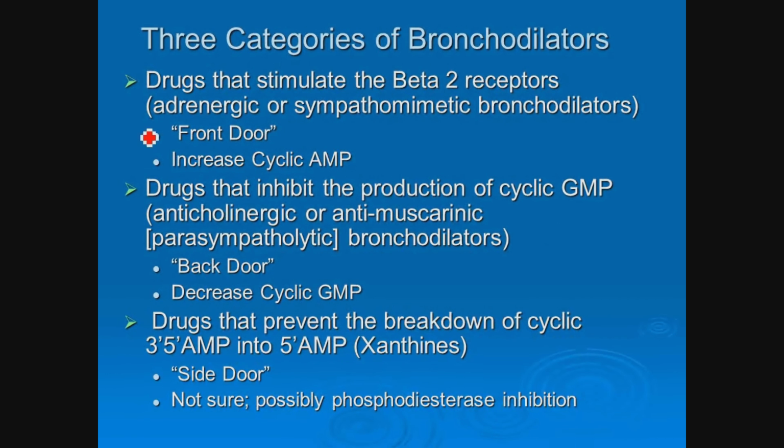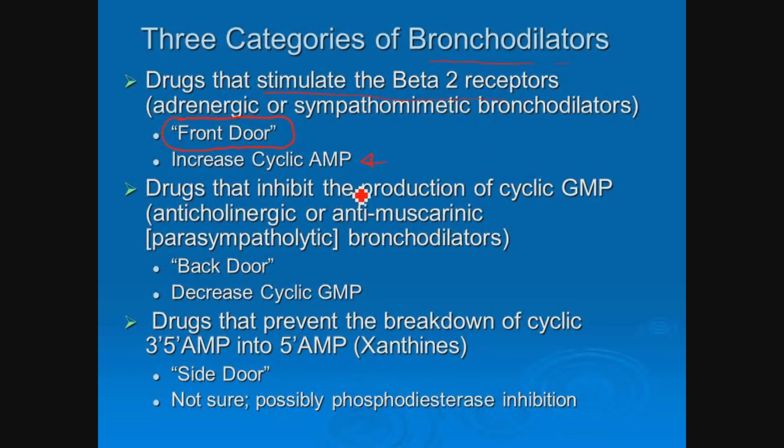So we can do this bronchodilation, we said, by stimulating those beta 2 receptors. We're going to call these our front door bronchodilators. And they function by creating something called cyclic AMP, adenosine monophosphate.